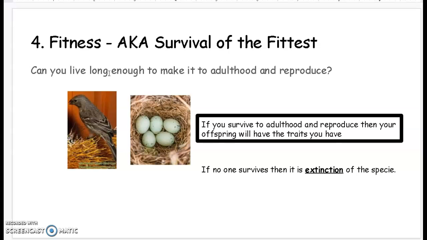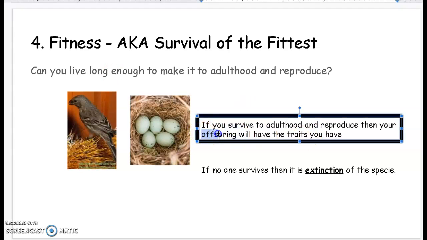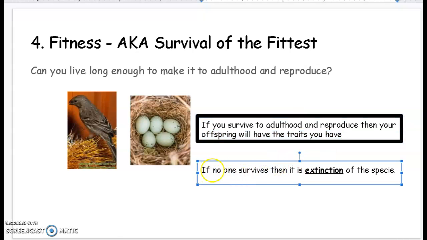And there you will be able to reproduce and have offsprings. And these offsprings will have maybe all, maybe some, remember, 50-50 of parent, of the traits that you have. And last but not least, if no one survives, then fortunately, extinction.